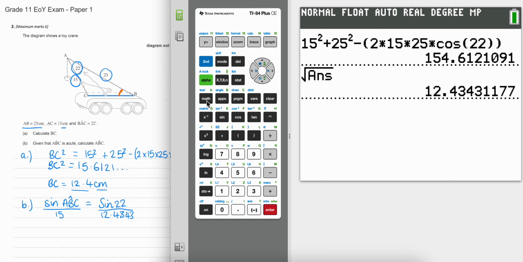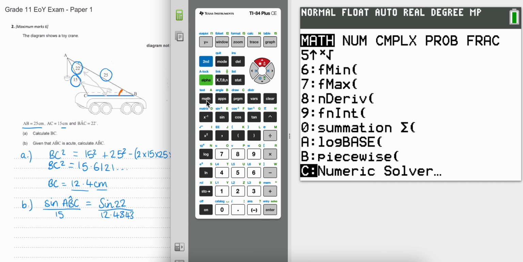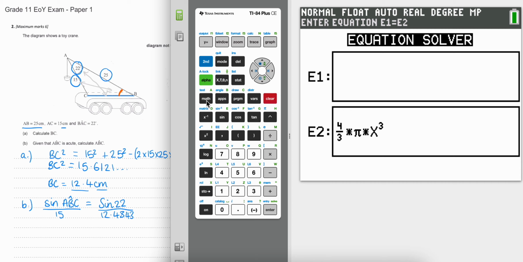Now I could also do this on numeric solver. So I clicked math and up arrow numeric solver, clear whatever is in there, and I have a fraction. So I have sine of what I'm trying to find, so I'm going to call that x, over 15.